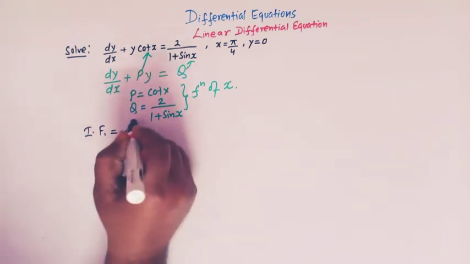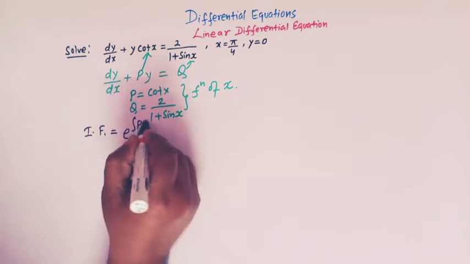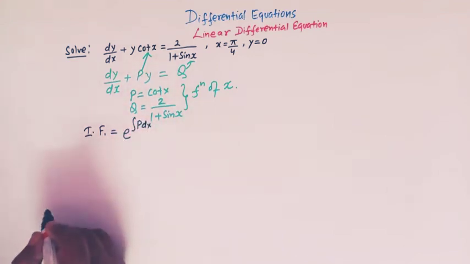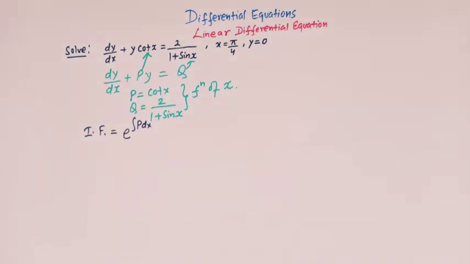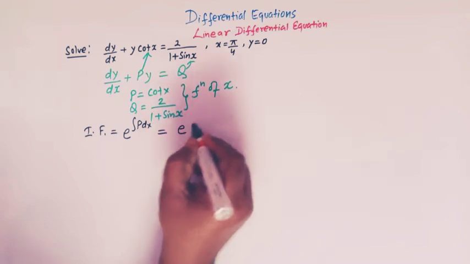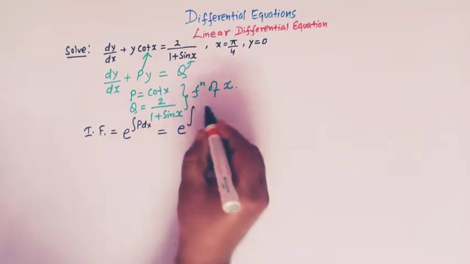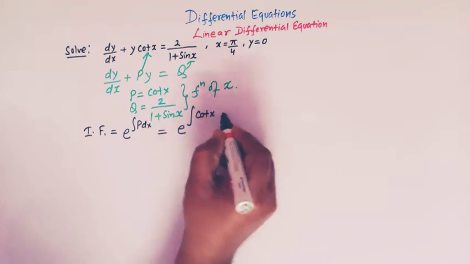The integrating factor is given by e raised to integral of p, where e is the famous exponential number. Here p is cot x.